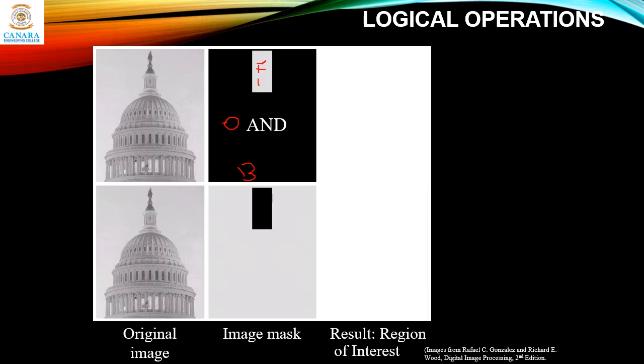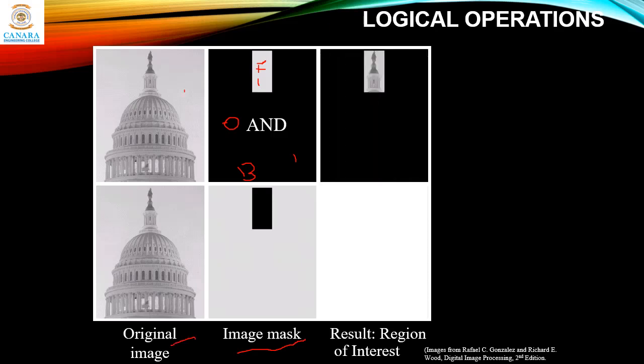If it is 0, output will be 0. As simple as that. So if you put this mask on the input image, this is the image mask, and if you put this on the original image, the result will be like this. Now you can see only this area is getting selected and represented in the output, and all the remaining area is basically black. That means it is 0.